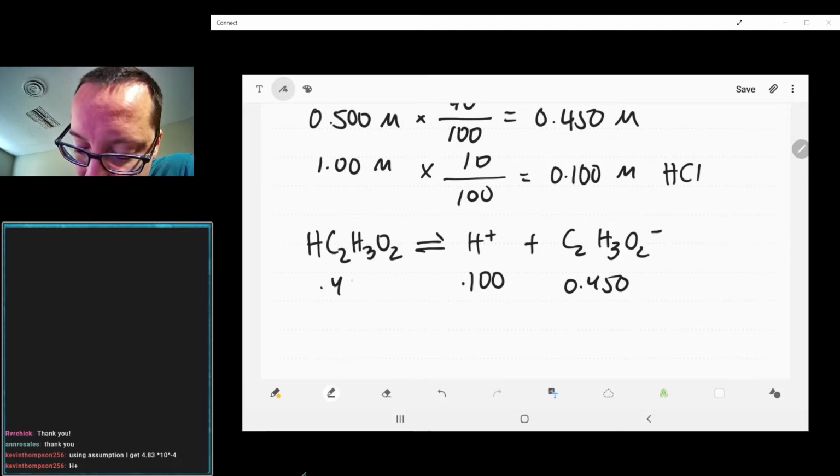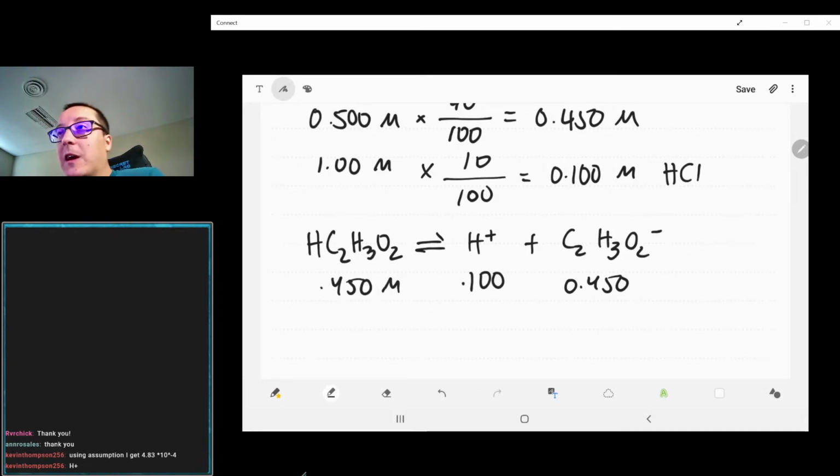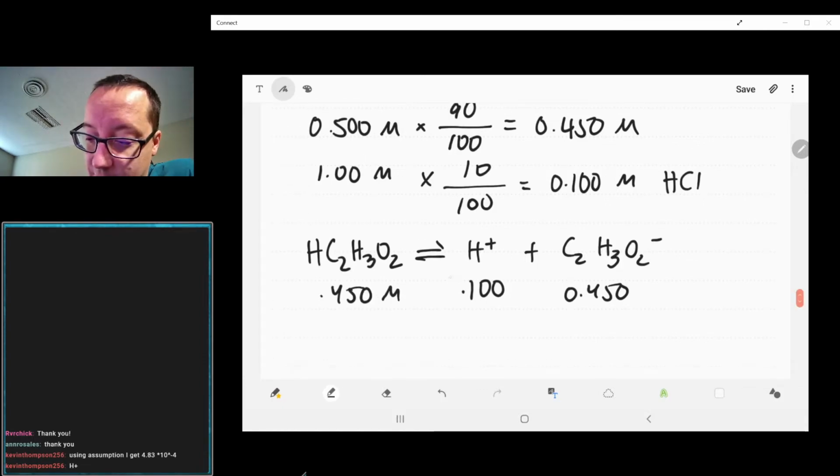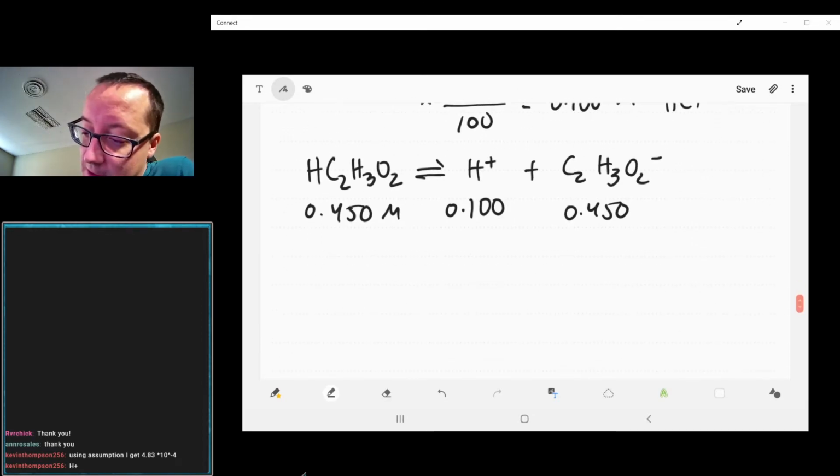Let's go ahead and see what happens. For this, we don't even actually know right away, do we? We would actually have to evaluate Q. Because we don't know which way this equilibrium is going to shift, although we are adding an acid to it, so we would expect it to go left. But let's go ahead and see what Q is going to be.